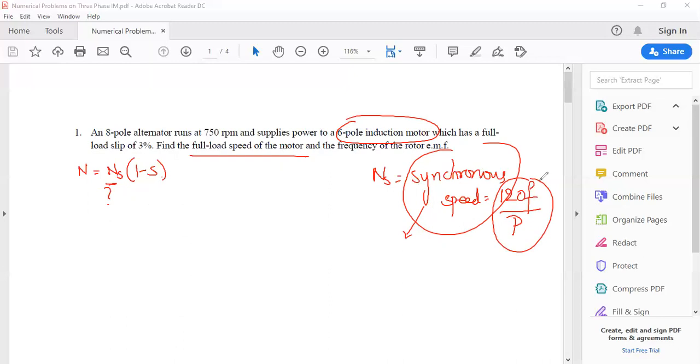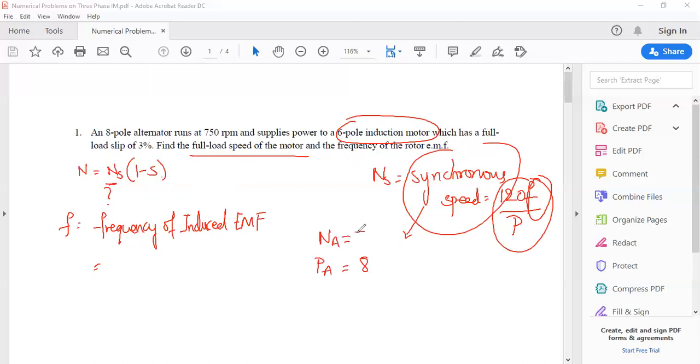Now I need F, the frequency of the induced EMF. How can I calculate it? I know the speed at which the alternator is rotating and its number of poles: 8 poles and 750 RPM.